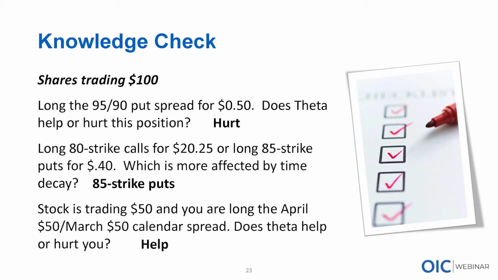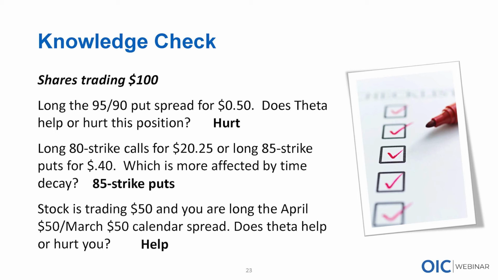So actually, in this example, the 85 puts, which are all time premium, have more premium in them, and time decay will affect the 85 puts more so than the 80 calls. Even though the 80 calls have more total premium, the time premium for the 85 strike puts is greater. All right, so there you go, the 85 strike puts.